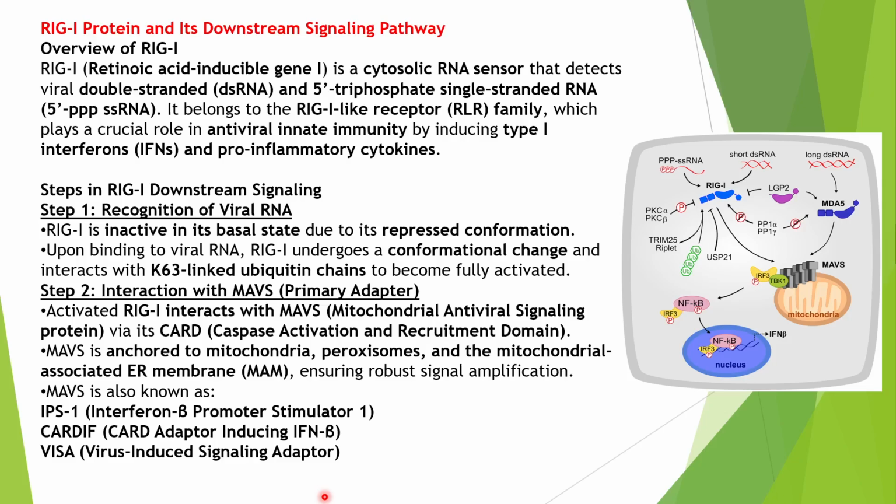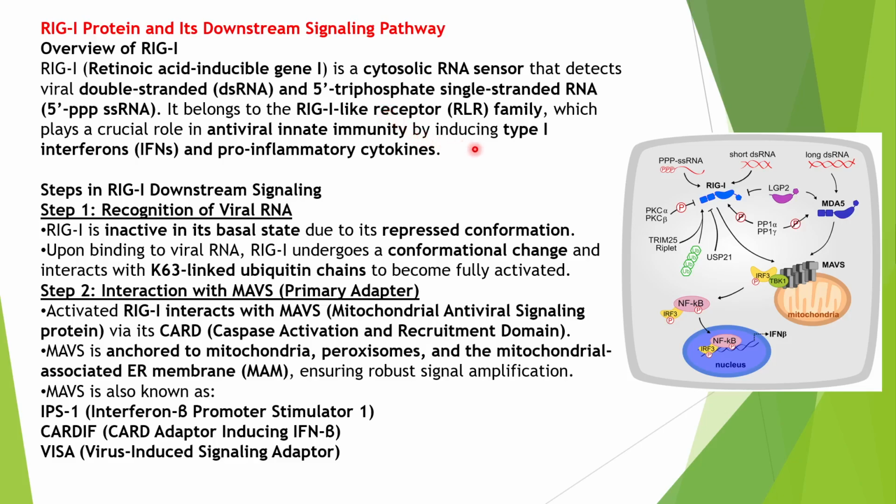And now again the RIG1 protein and its downstream signaling. So RIG1 is a retinoic acid inducible gene, that is the full form. It is a cytosolic RNA sensor that detects viral double-stranded RNA, and it belongs to the RIG1 receptor RLR family, a part of your antiviral innate immunity.